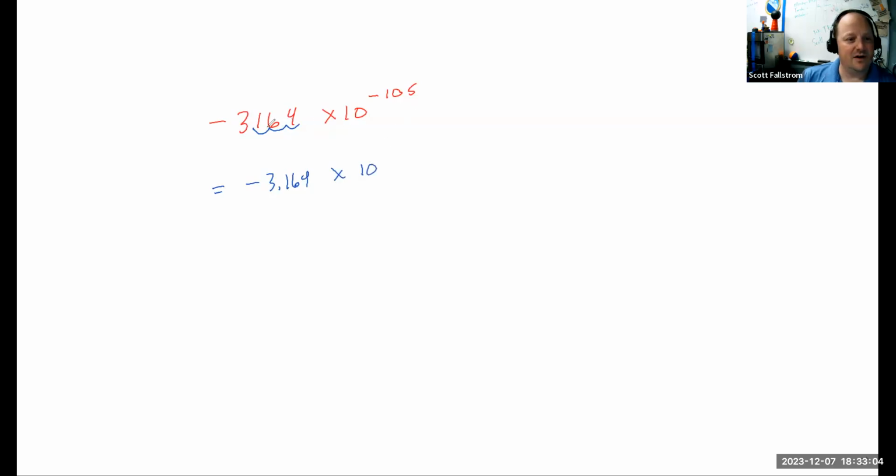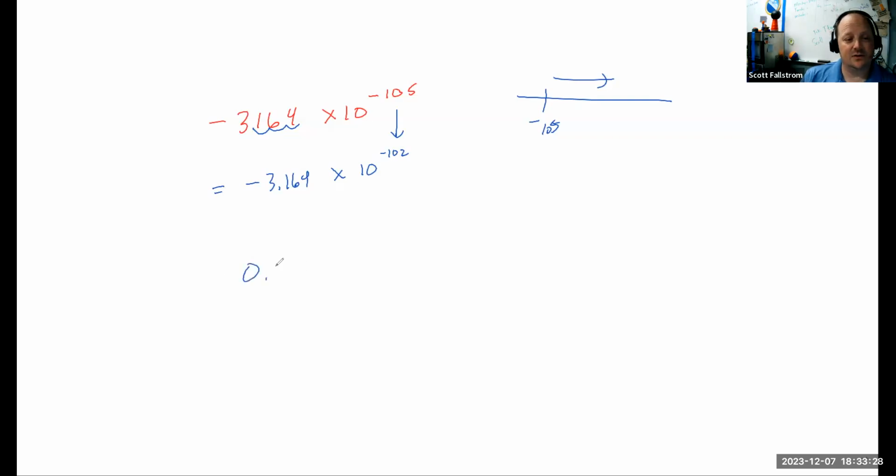Notice my value made the number's value smaller. The exponent needs to get bigger. And this is tough for some of you. You want to write a bigger number than 105, but it's negative 105, and bigger numbers are that direction. So I move it 3 places and I get negative 102, because negative 102 is actually bigger than negative 105.